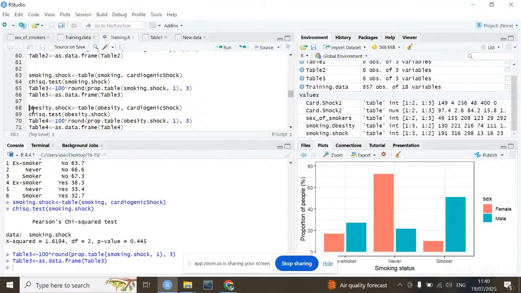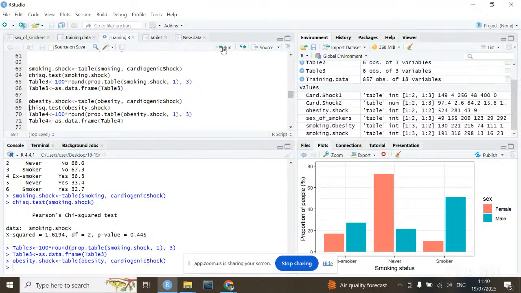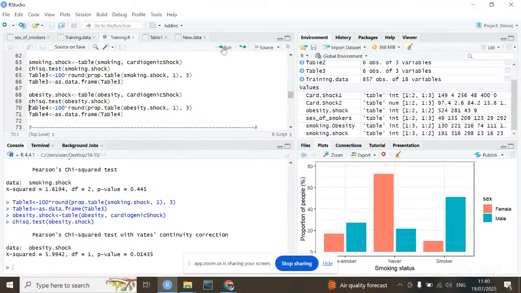We also look at the association between obesity and the cardiogenic shock. When we did the analysis, there was a significant association. The p-value is less than 0.05. Actual p-value is 0.0135. So that one shows that there was a significant association.